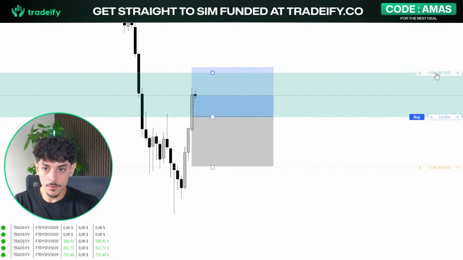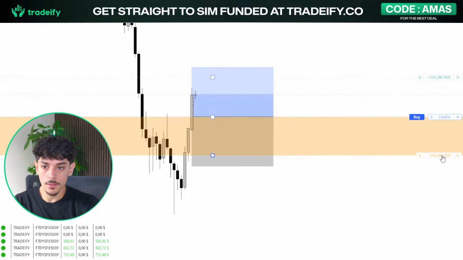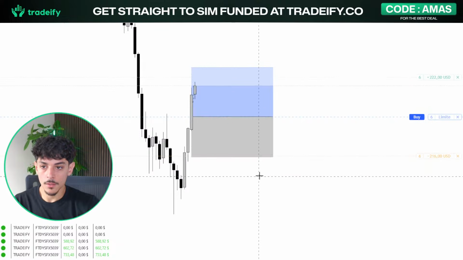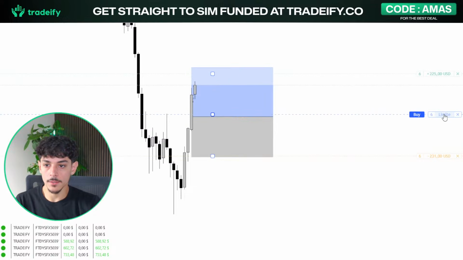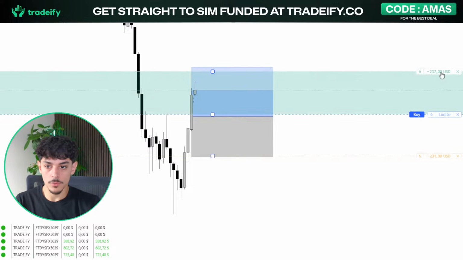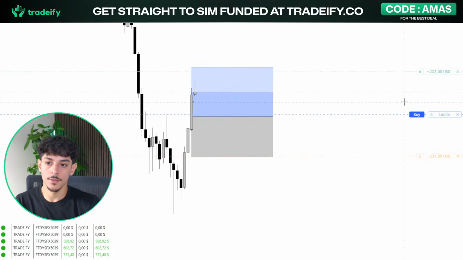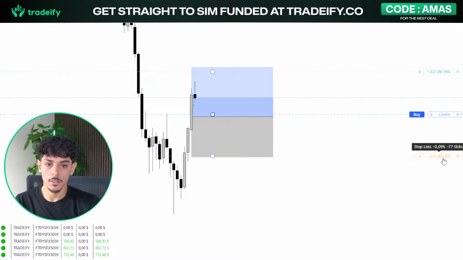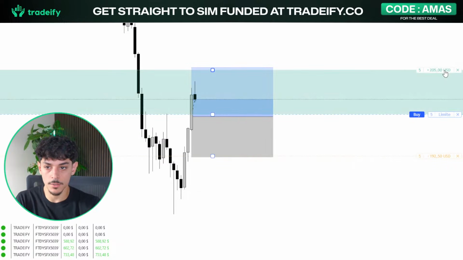Let's see what it does here. But if we do pull back to this fair value gap aligned with this order block, I will definitely take that. That in my opinion is a really good trade. I'll risk 5, a small trade here.